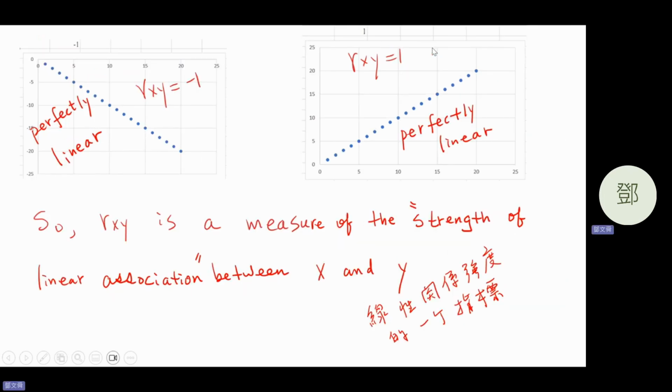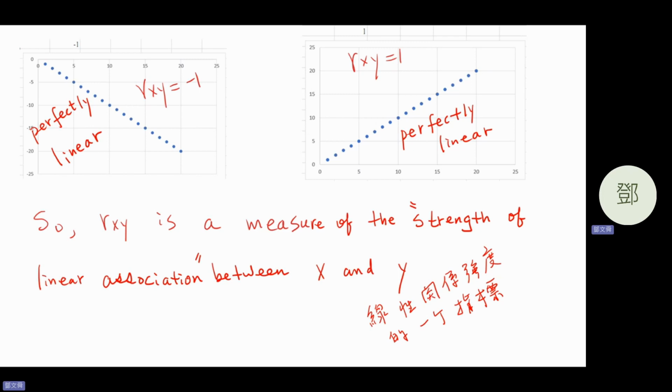And this is the perfect one. In this diagram, the simple correlation coefficient is -1, negatively perfect, and this is positively perfect.